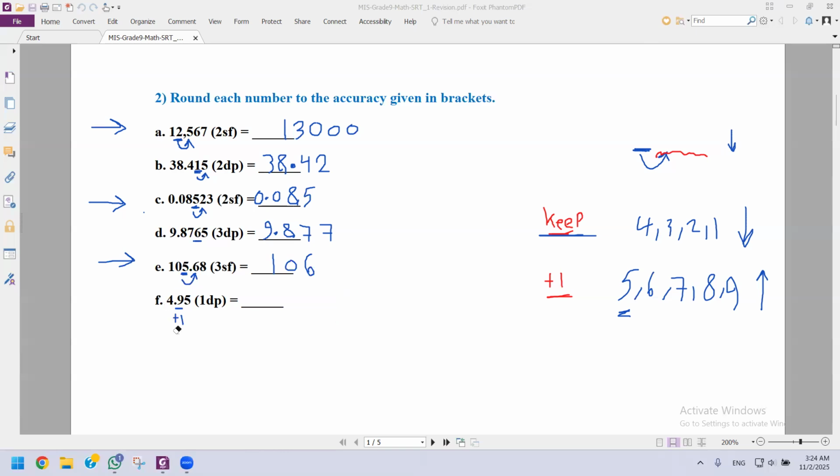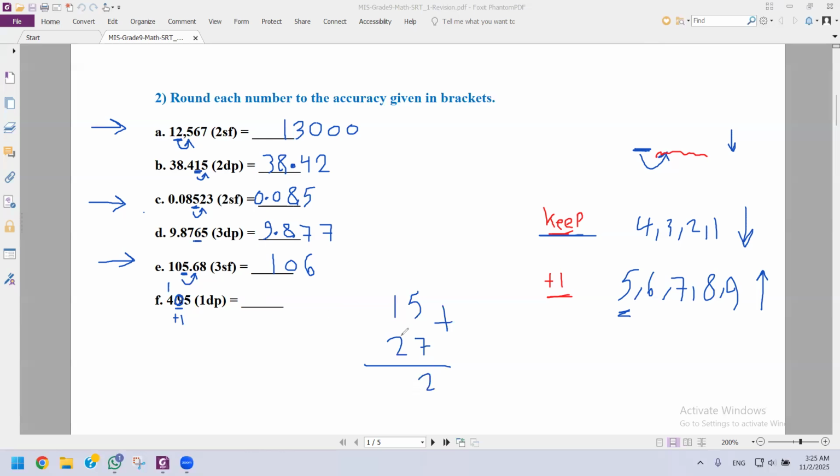When I do 9 plus 1, it becomes 10. I don't write 10. What do I write? Instead of 9, I write 0, and we carry 1 here to the next value. Because it becomes more than 9, it becomes 10 and more. Just like addition. When I have, for example, 15 plus 27, when you do 5 plus 7, which is 12, you don't write 12.